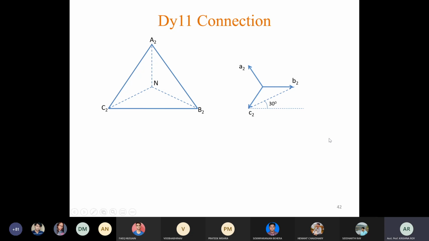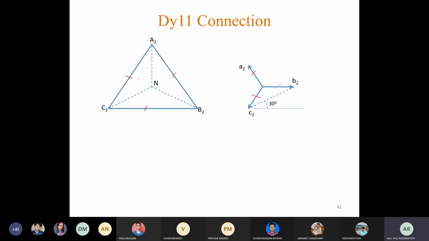Now identify the phases of the primary side. So this one is B phase, this one is A phase, and this one is C phase.